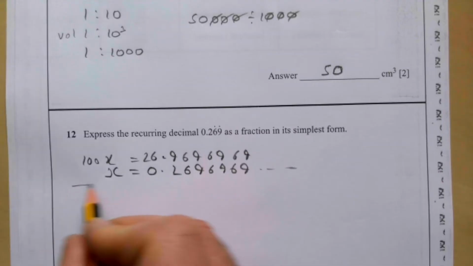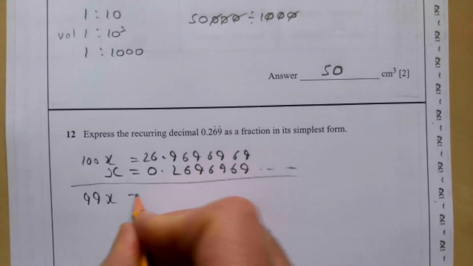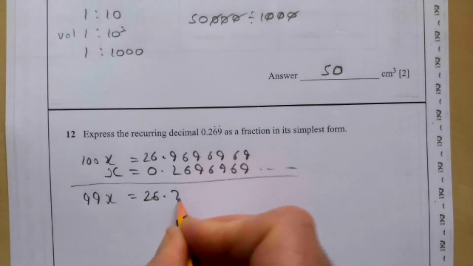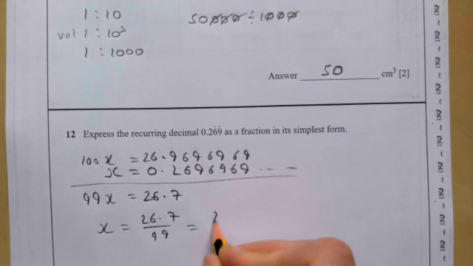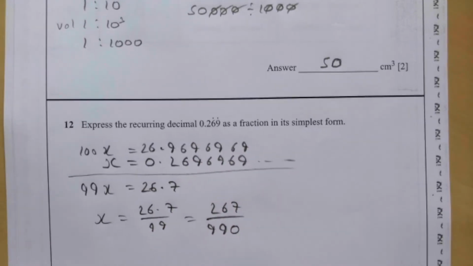26.9696969. So whenever we subtract those, I get 99x is going to be 26.7. So that means x is 26.7 over 99, which is 267 over 990.